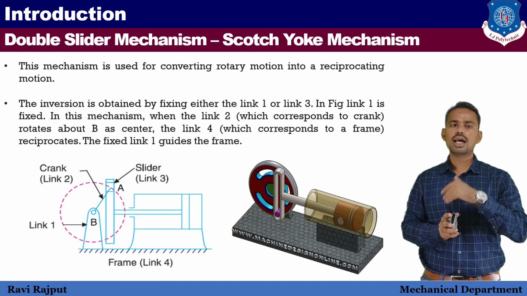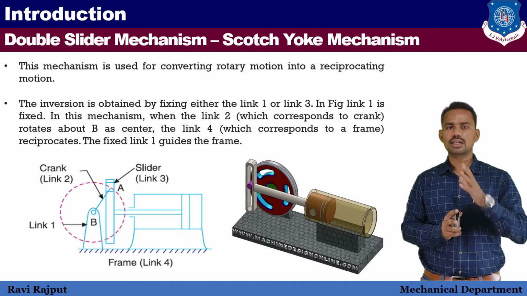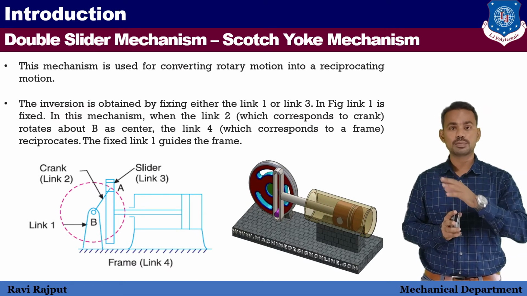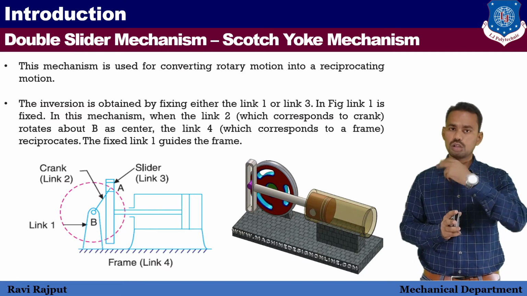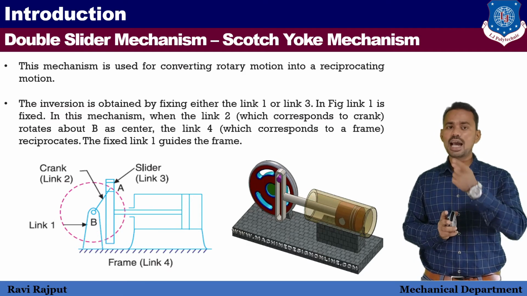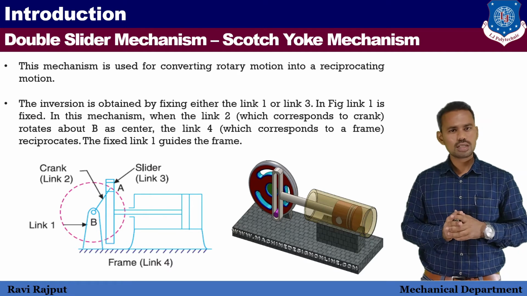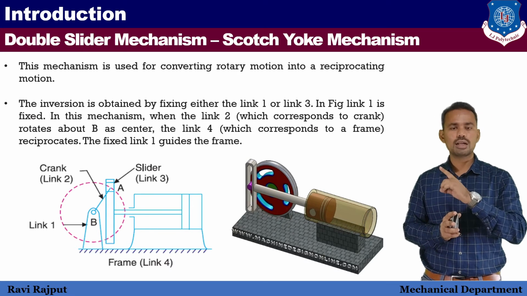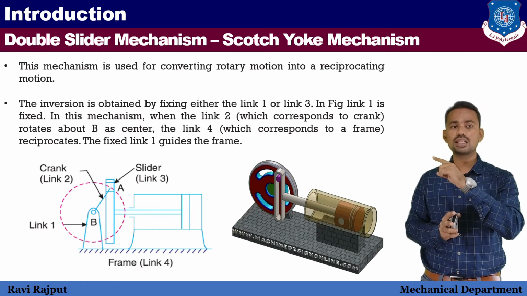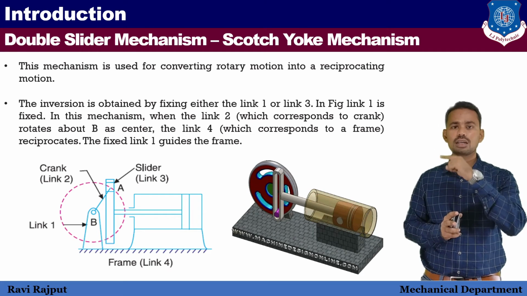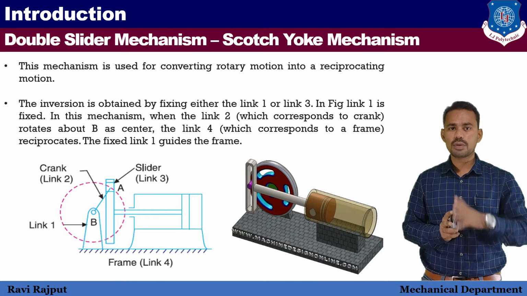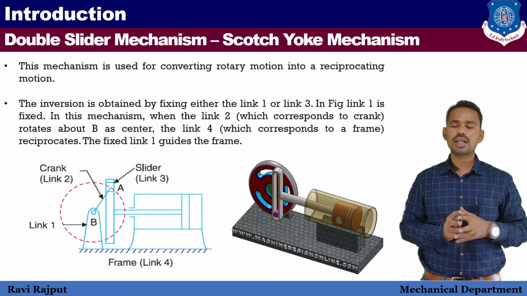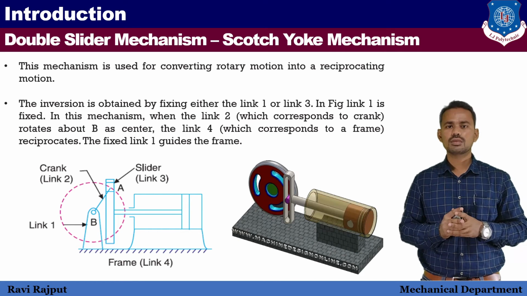Link 4 and link 1 form a turning pair, 1 and 2 again form a turning pair, and 2 and 3, the crank and the slider, also form a turning pair. The slider and the cylinder form a sliding pair. Then there is another sliding pair between the slider and the piston rod.